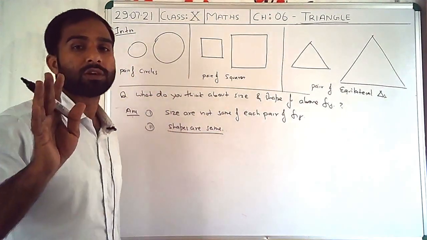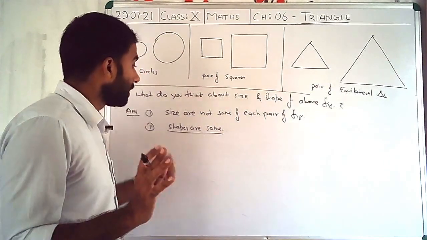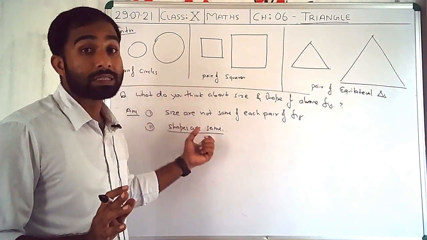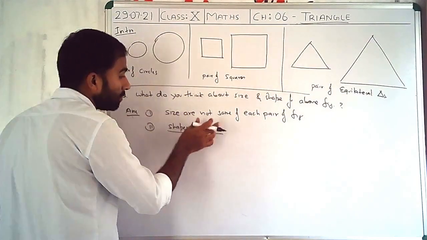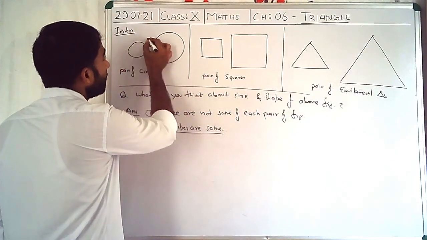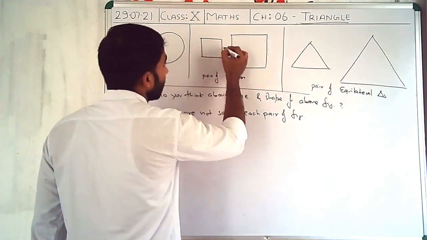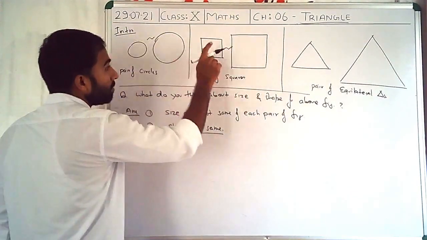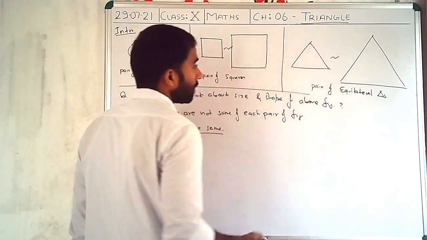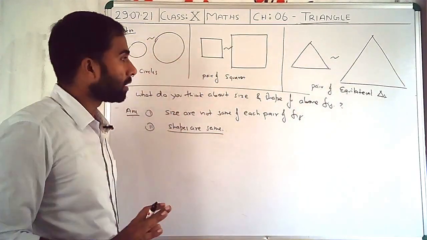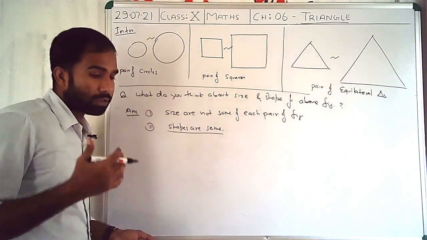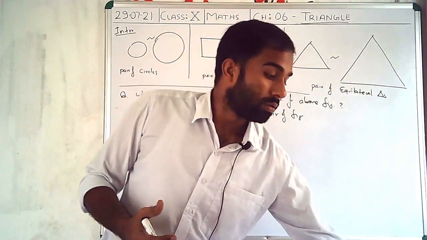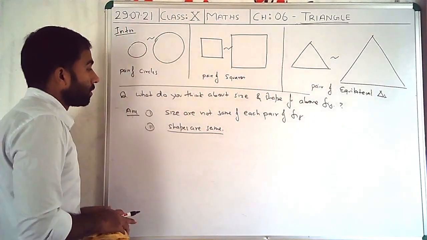Whenever any pair of figures have the same shape, then you can say that on the behalf of the same shape, figures are similar. Okay, and this is the symbol of similarity. I hope all of you understood clearly what I am trying to explain to you.